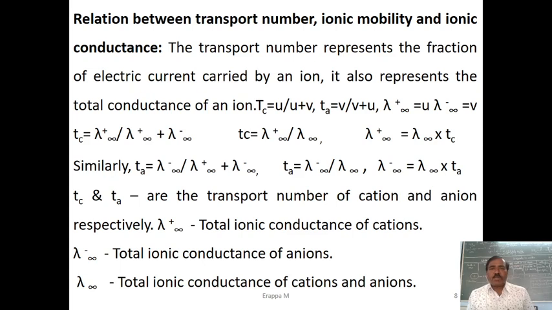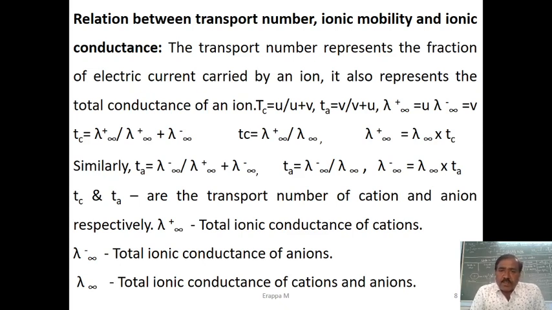Now, the relationship between transport number, ionic mobility, and ionic conductance. The transport number represents the fraction of electric current carried by an ion. It also represents the conductance of the ion. Let U be the speed of the cation, which is directly proportional to Tc, and V the speed of the anion.